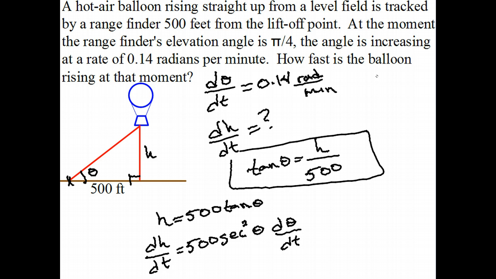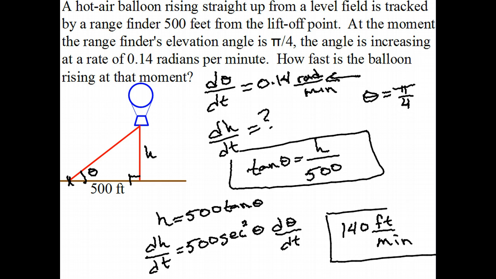What is that appropriate point? Well, that's when d theta/dt is 0.14, and when theta is equal to pi over 4, and that gives us all the variables that we need, so we plug that in, and you get 140 feet per minute. So this tells us the rate at which this balloon is rising at that moment.